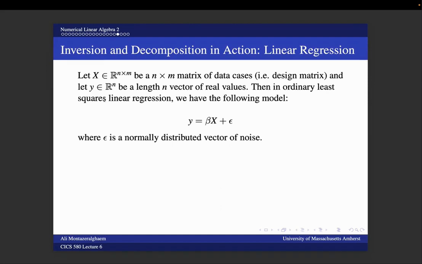So the goal is to estimate y, the real value that we have for each data point, by using the features that we have for each data point.